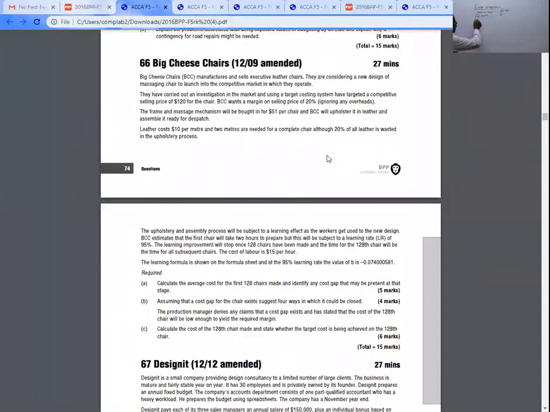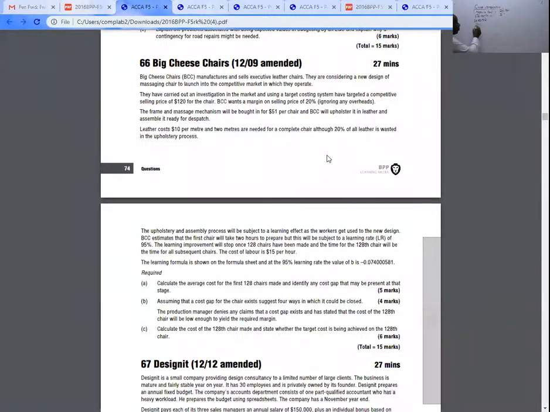So we have leather. 2 meters are needed, but remember these 2 meters are net. So I have to gross up. How do I gross up? By dividing by the net percentage. Net of what here? Waste. So 100% minus 20%.